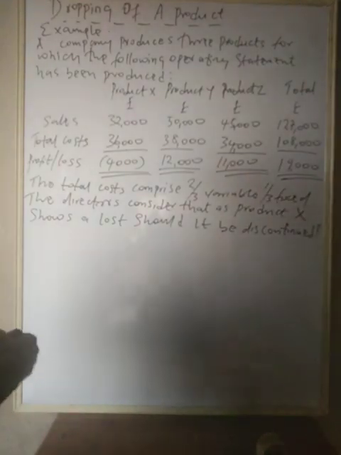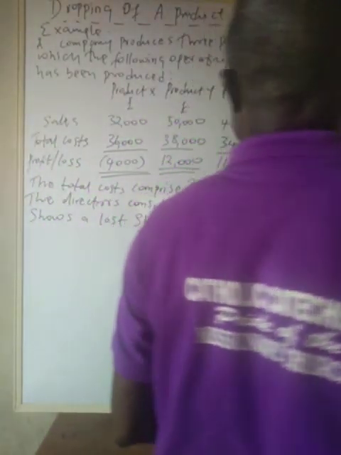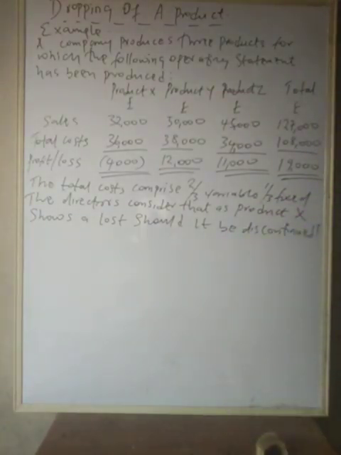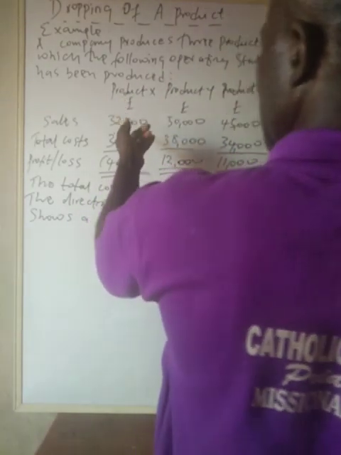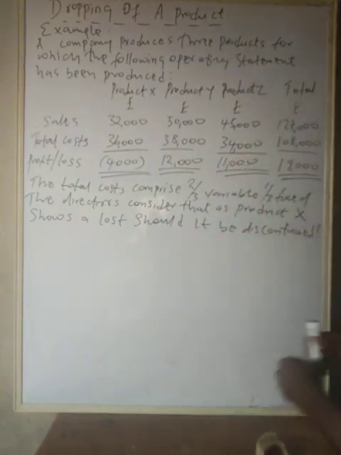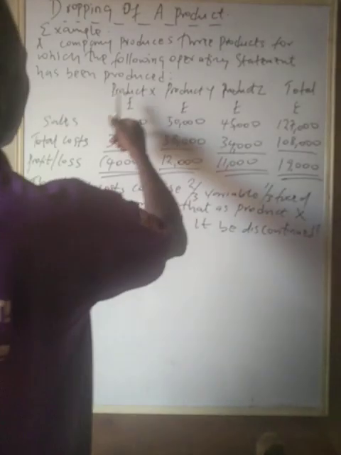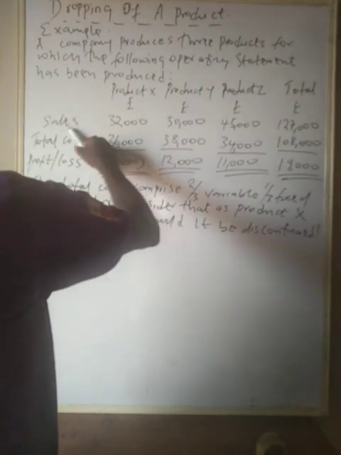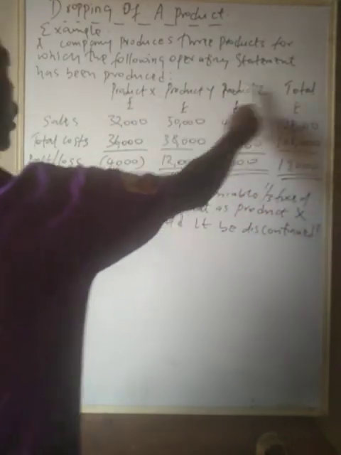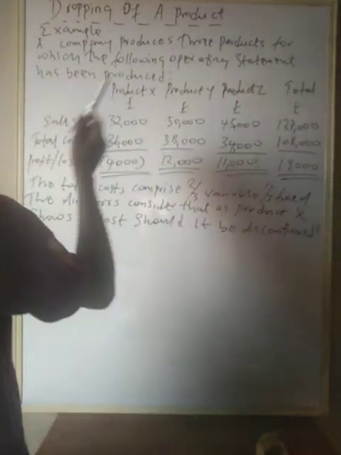Look at it. The question says a company produces three products for which the following operating statement has been produced. Product X, product Y, product Z, and the total column. Sales are 32,000 for product X, 50,000 for product Y, 45,000 for product Z, and 127,000 in total.